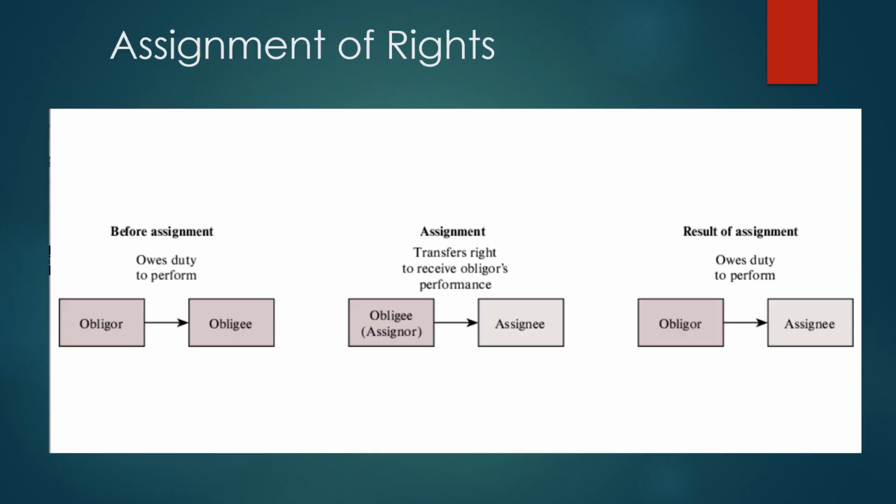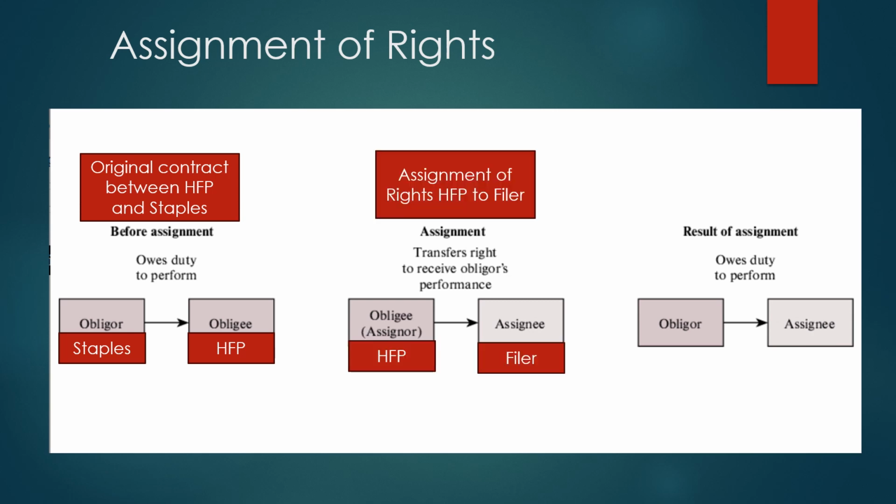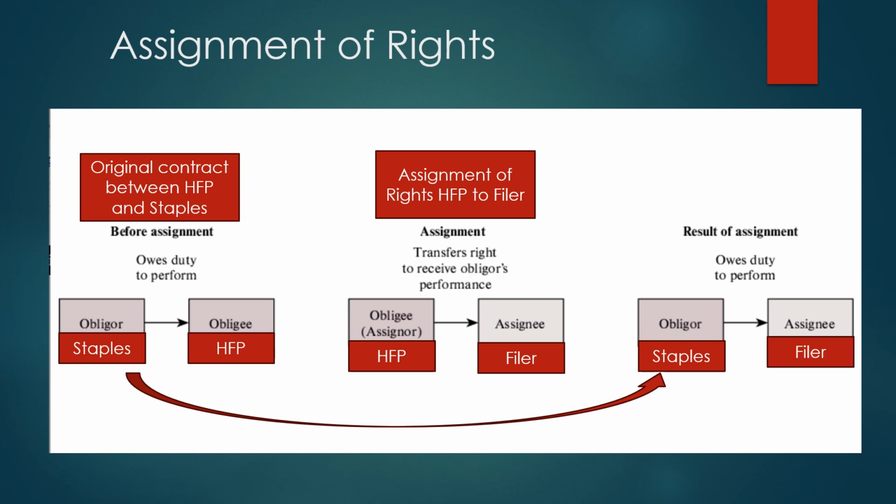So basically, before the assignment, in the original contract, Staples was the obligor to pay HFP in exchange for the materials and things like that. And the side contract was, hey, HFP owes Filer money, so I'm just going to give you the rights where Staples now will instead pay Filer. Well, the problem was that HFP did not pony up its side of the contract with the supplies, so Staples withheld payment.